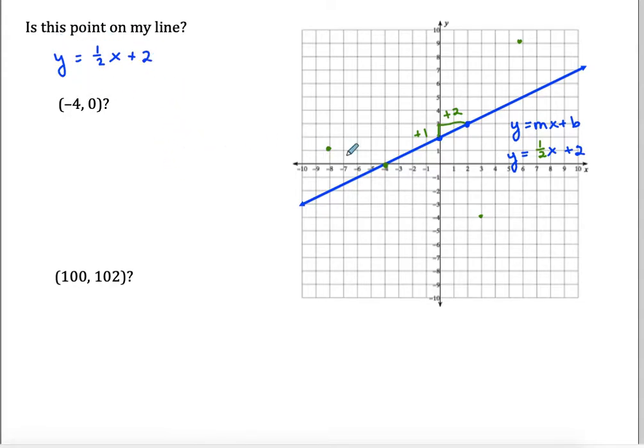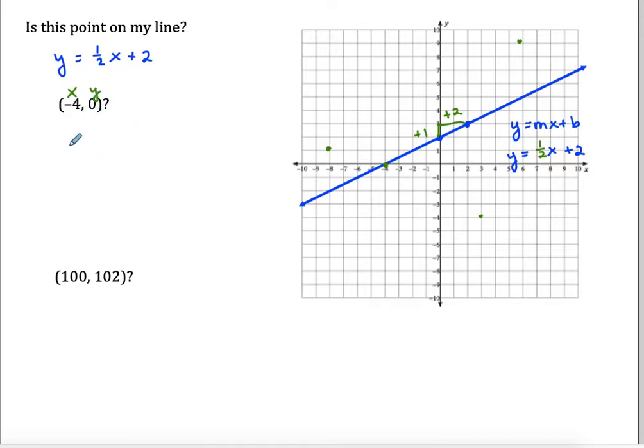So now can I use that to prove that this point, negative 4, 0, that sure looks like it's on the line, is actually on the line? Well, I hope you remember that every point has an x coordinate and a y coordinate. So if I were to plug this x coordinate into this rule, the y that comes out should be this y here, if it's on the line.